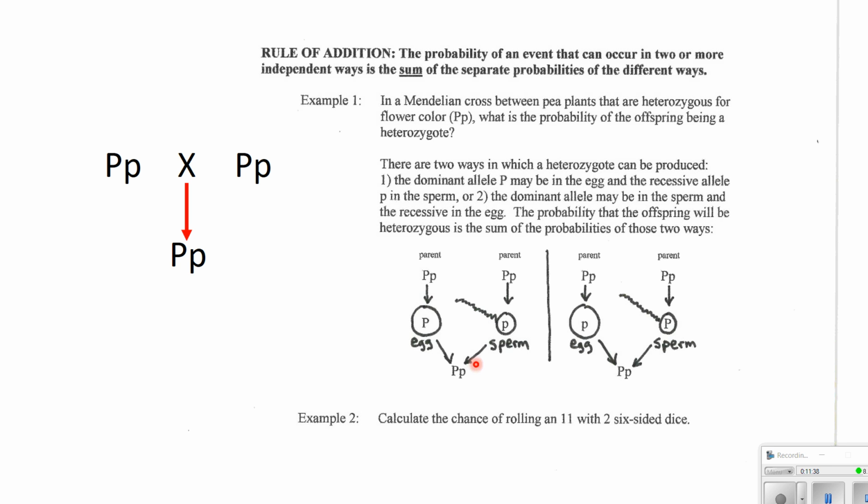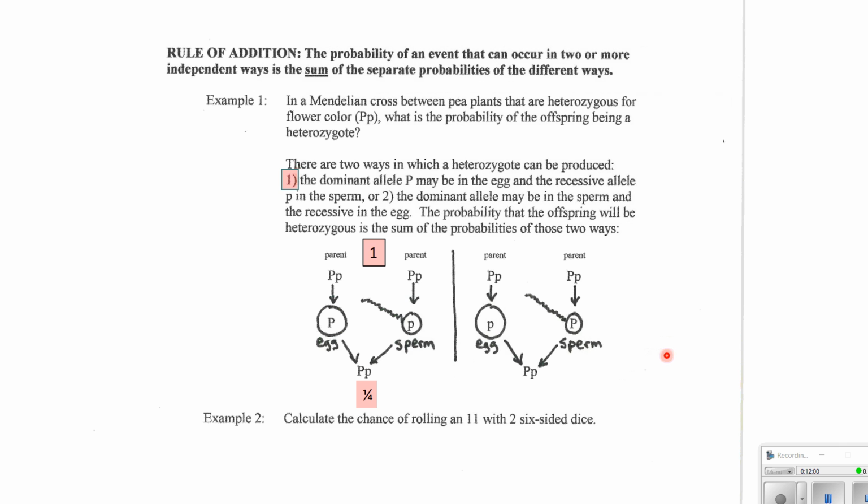And so if we want to know the total probability of that occurring, we have to calculate the probability that it'll happen this way, with big P in the egg and little p in the sperm, plus, rule of addition, we've got to add, plus the probability that it might happen this way, little p in the egg, big P in the sperm. So let's do that, okay?